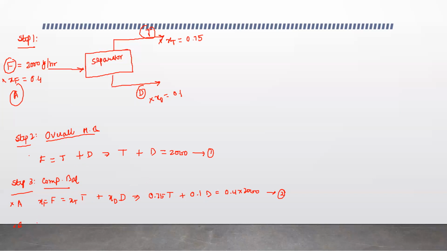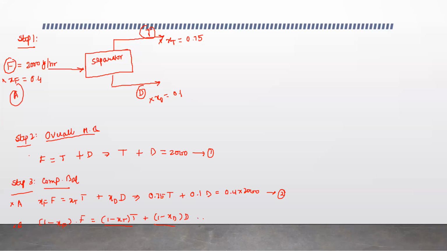But just for the sake of understanding, I'm going to make an equation for B as well. What is the mass fraction of B in feed? If it's XF for A, then for B it's going to be 1 minus XF. So 1 minus XF into F is equal to 1 minus XT into T plus 1 minus XD into D. That is the mass fraction of B in the top stream into the top stream, plus the mass fraction of B in the bottom stream into the mass flow rate of the bottom stream.